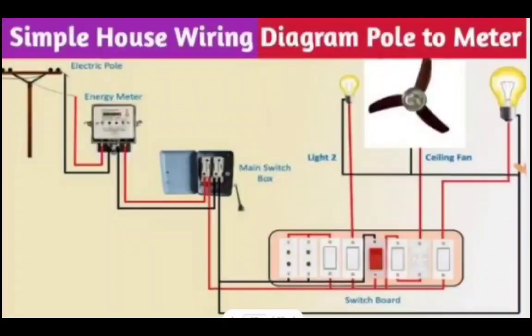From here, the wires and cables get connected. In the meanwhile, in your buildings, there will be a fuse box. This fuse box is attached by the company. It's a company fuse or a pole fuse. We cannot touch it. Only the company person with the proper company ID is authorized to touch this fuse.